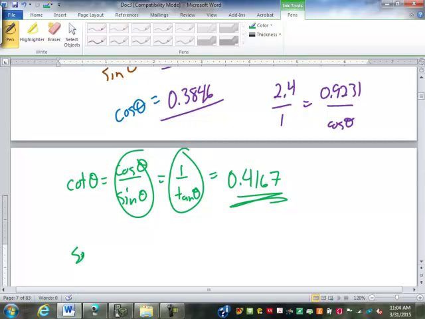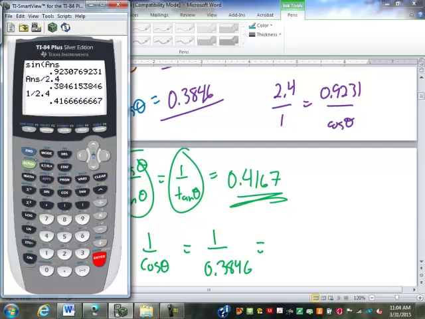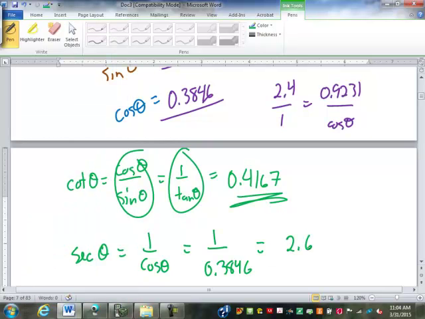For secant, remember the secant is the reciprocal of the cosine, so it's 1 over cosine. So in this case, it'd be 1 divided by 0.3846, giving us 2.6001. There's our secant.